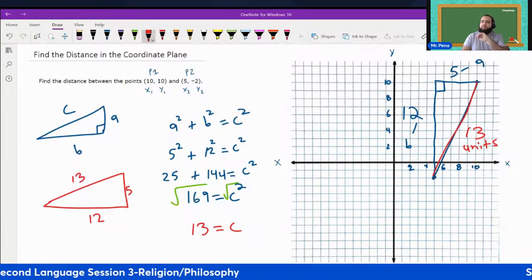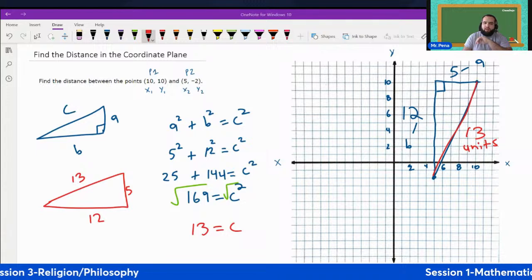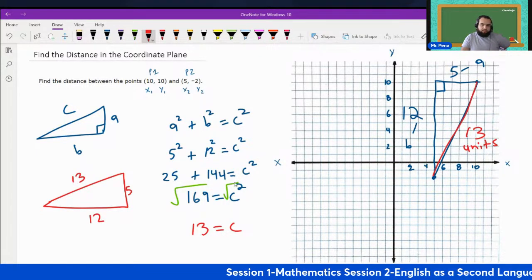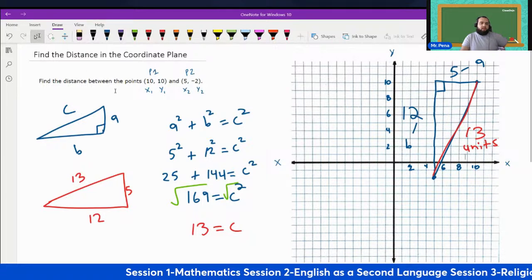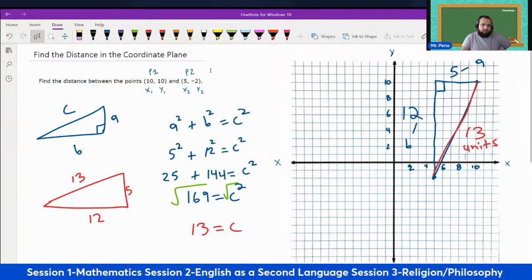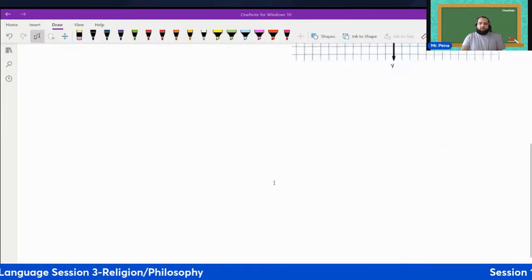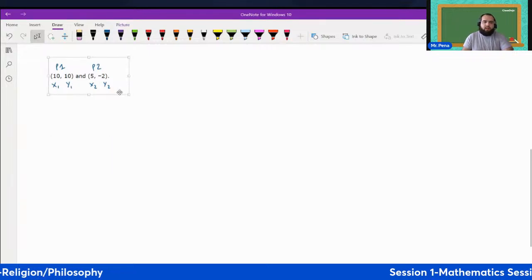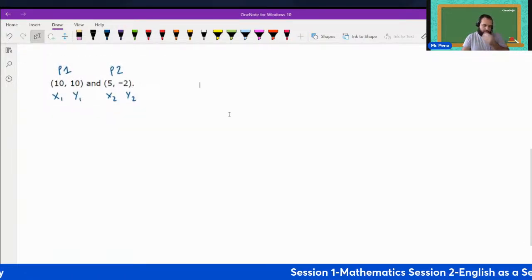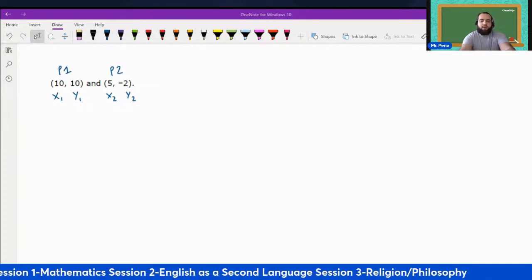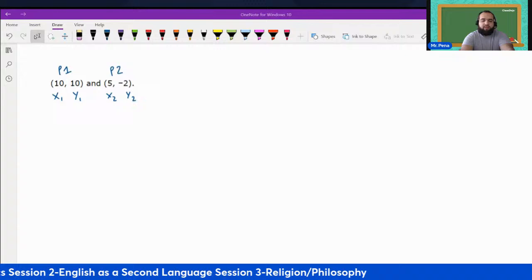We're also going to use something called the distance formula. So we're going to take the same points. Now let's just say you don't have the coordinate plane, but we do have the distance formula. The distance formula goes like this.